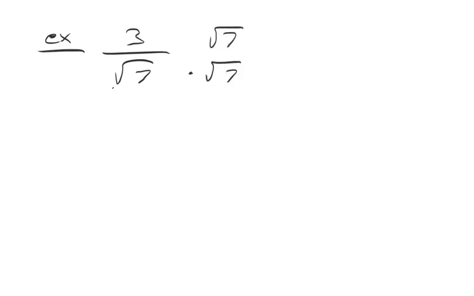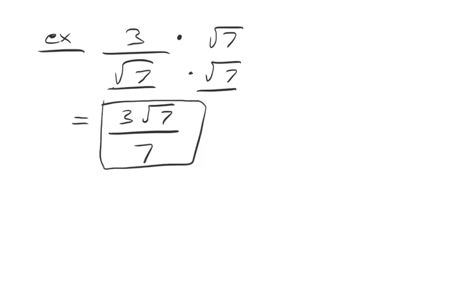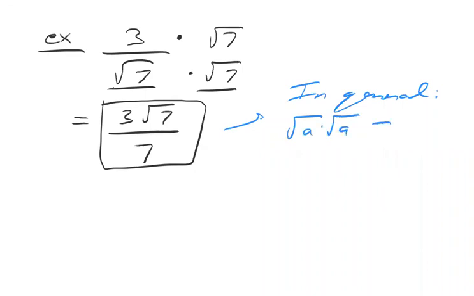And that gets me 3 times square root of 7 over square root of 7 times square root of 7, which is 7. Just like the reasoning we just did. So in general, the square root of a times the square root of a is just a. That's the general idea.